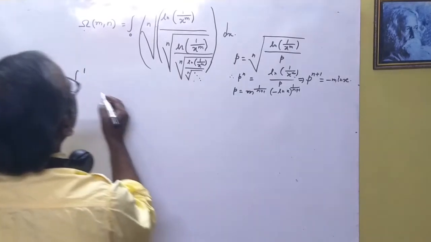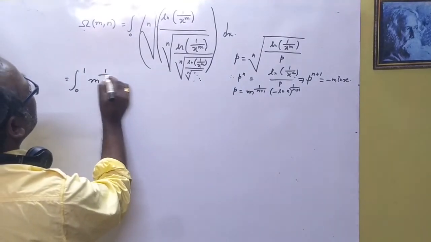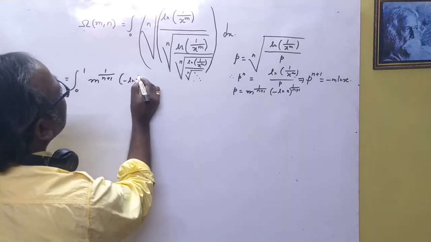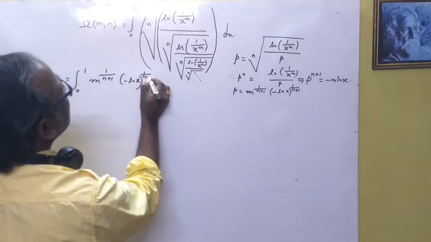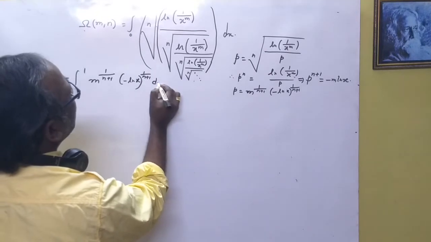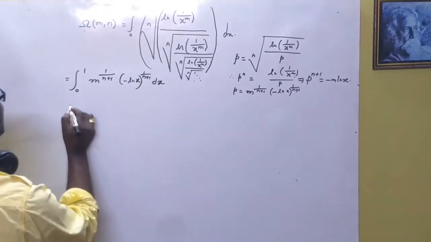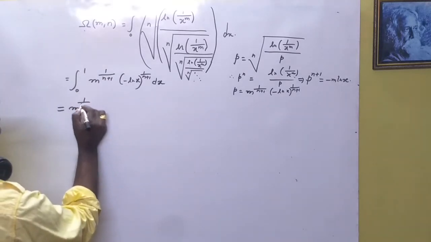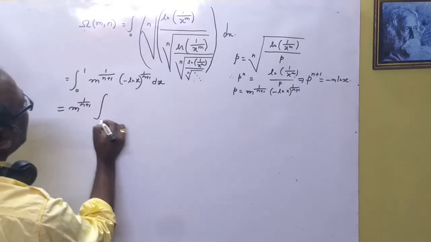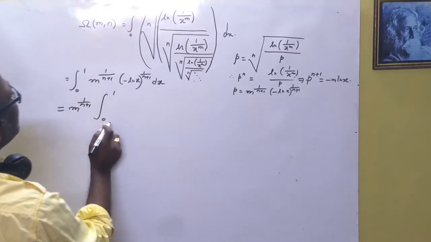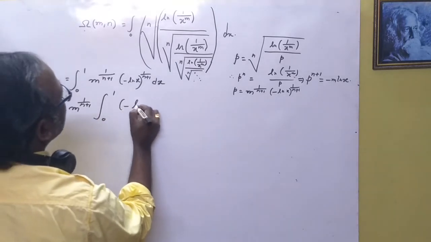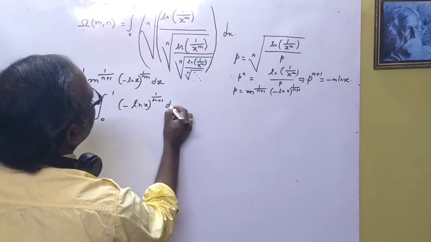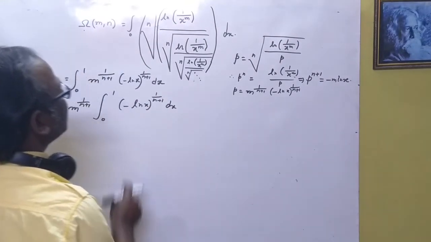P means m to the power 1/(n+1) times (minus ln x) to the power 1/(n+1) dx. Now m to the power 1/(n+1) is the constant, so the limits are 0 to 1 of (minus ln x) to the power 1/(n+1) dx.